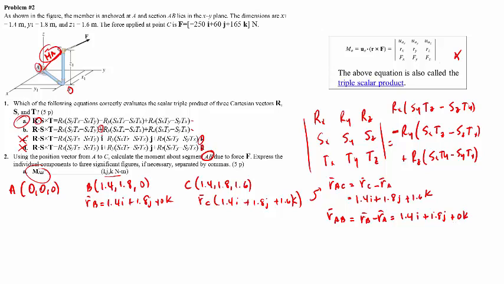Now, I'm going to go a step ahead and do the U in the direction of A and B, okay? Because then this will be 1.4i plus 1.8j divided by its magnitude, which is the square root of 1.4 squared plus 1.8 squared.